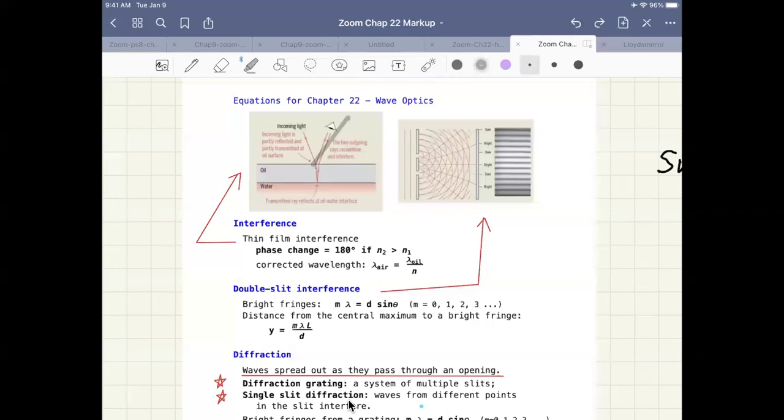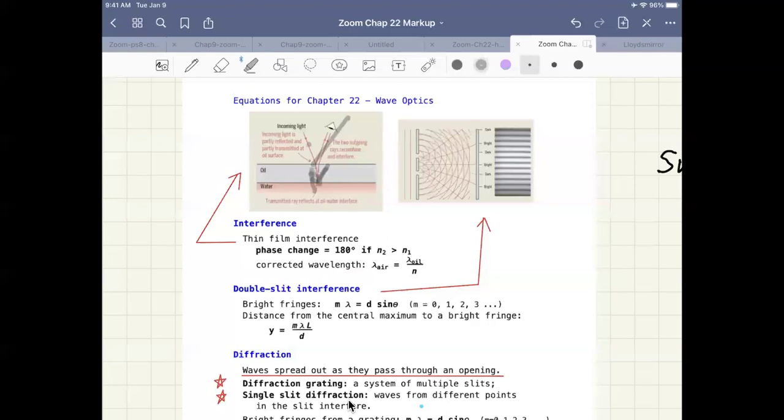So in going from, well, it depends on what the index of refraction is. If the index of refraction of, let's say, water is greater than the index of refraction of air, then there'll be a 180-degree phase change where this reflection occurs.